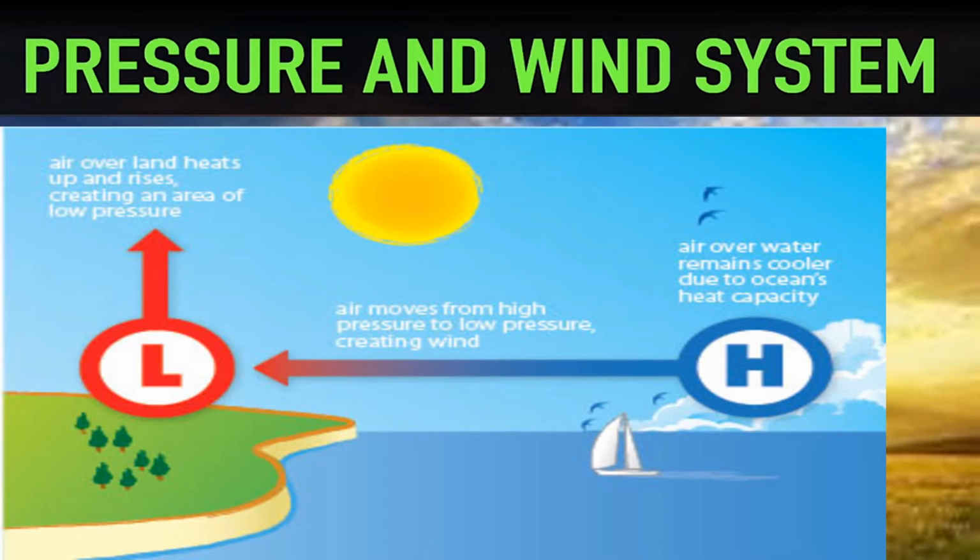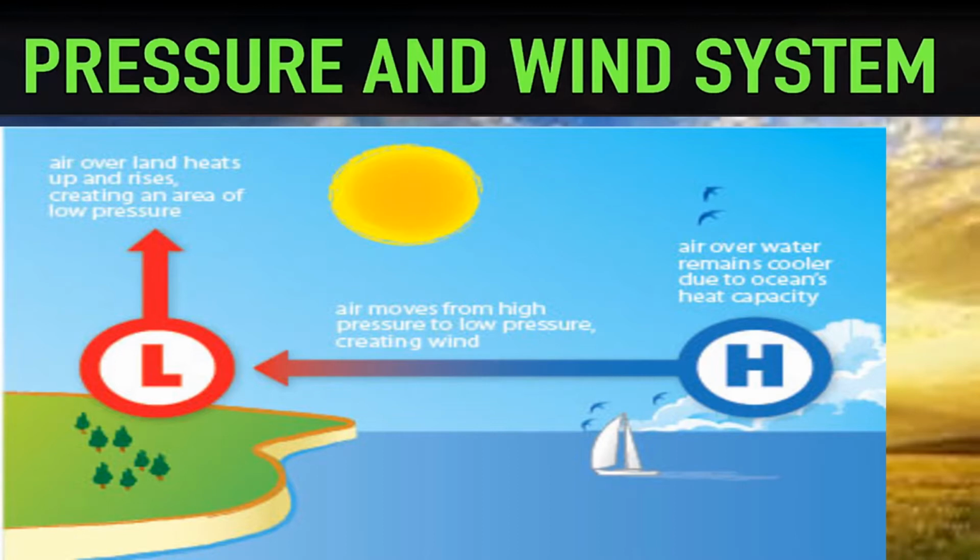Here, the water is cool. When the water is cool, the air molecules or the air particles do not rise. They remain there, contract and become heavier, and automatically create a high pressure and move towards the empty space which is found in the land.